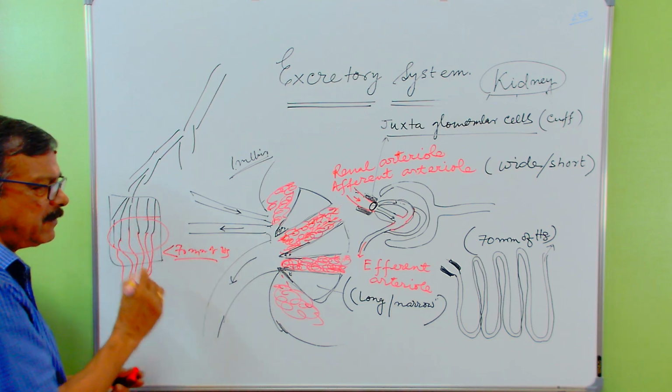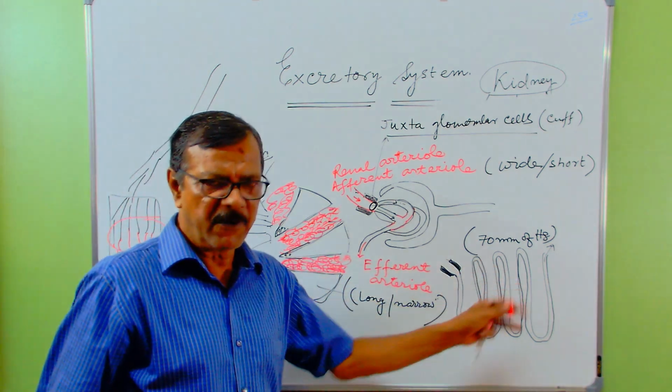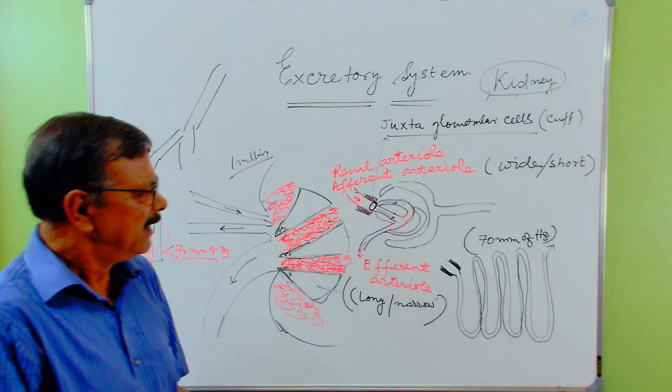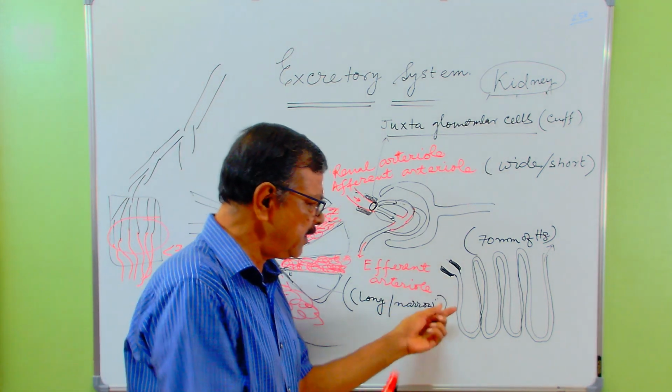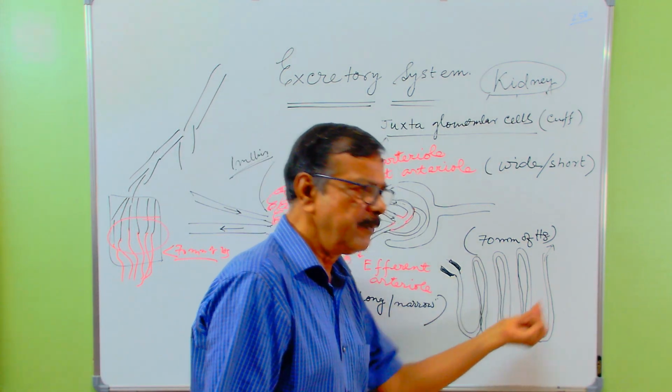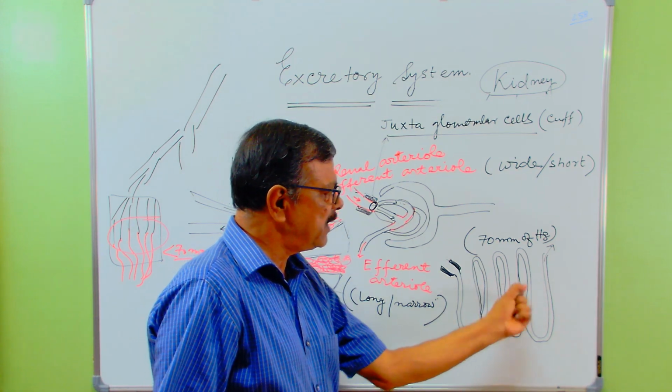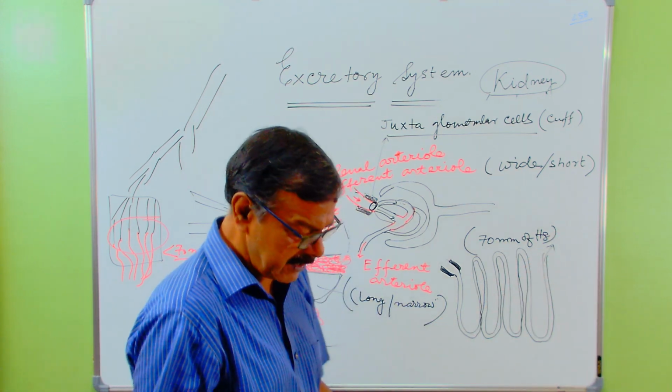Although this is not forming a network, the afferent arteriole is forming loops, which anastomose to form the efferent arteriole.